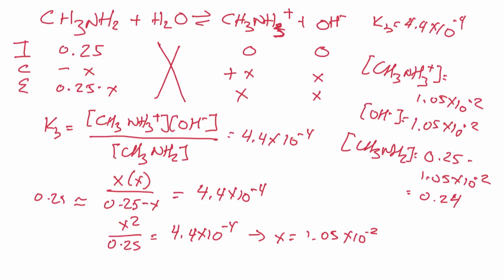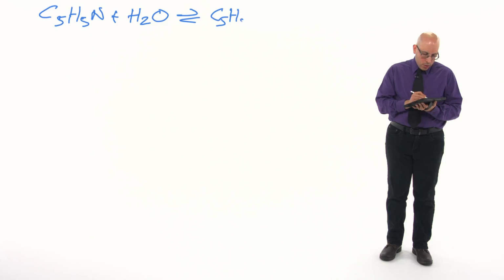Now let's look at the second part of this problem, which asks us to do the same thing, but for pyridine. Here's pyridine. I'm going to add water to it to make the pyridinium ion plus OH minus.